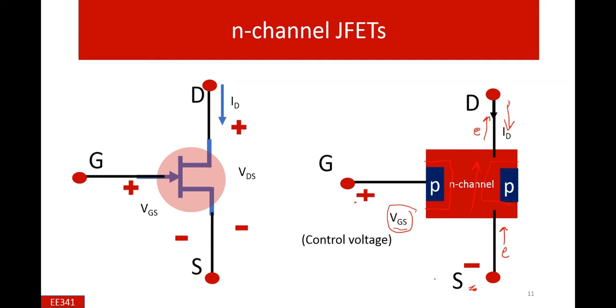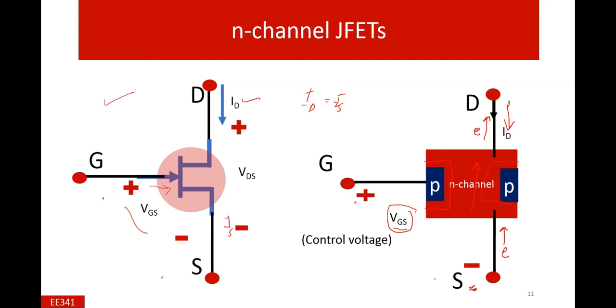This is the symbolic representation of an N channel JFET, representing the direction of the current. VGS is the control voltage between the gate and the source, and VDS is the source for the conventional current ID or IS, and ID and IS are the same, and this may be changed with the variation of the VGS voltage.